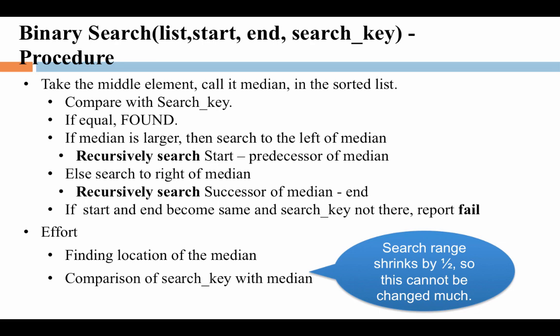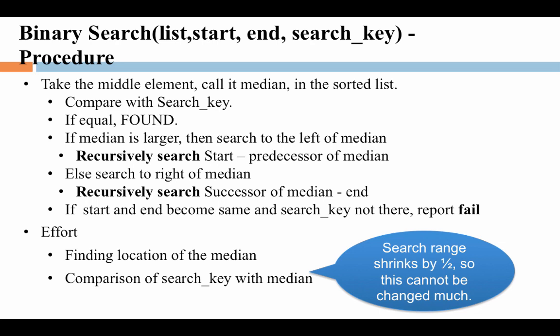So if binary search reaches a situation where the start and the end values have become equal or they have crossed, meaning that the start index has become more than the end index and the key is not yet found, then you can safely assert that the key is not there in the given sorted list. So this is the algorithm. It's a fairly straightforward and very nicely specified recursive algorithm.